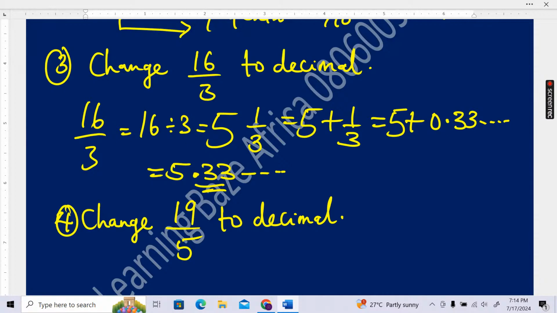Everybody, change 19/5 to decimal. Please type your answer in the comment section. I can see that only few people are active. Type your answer in the comment section.